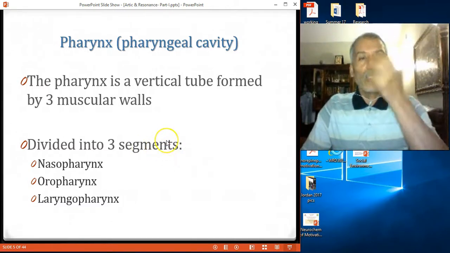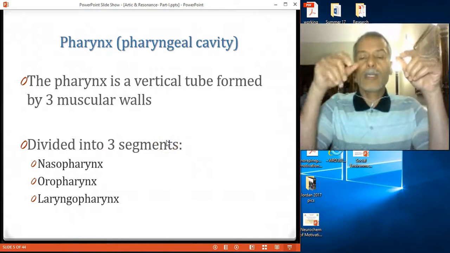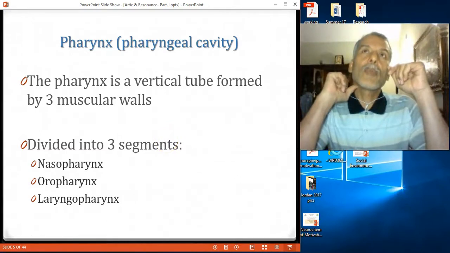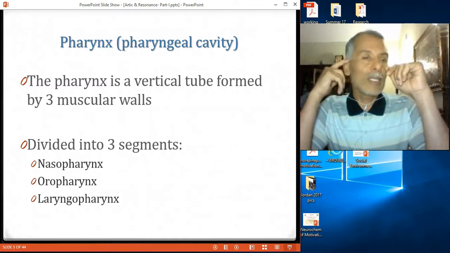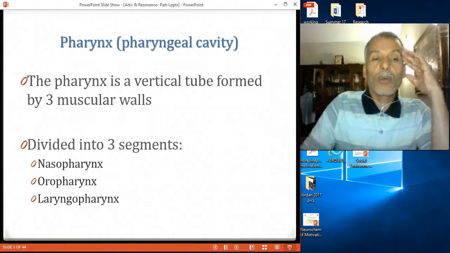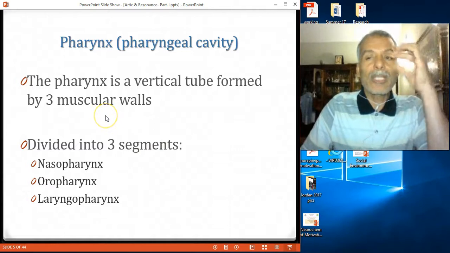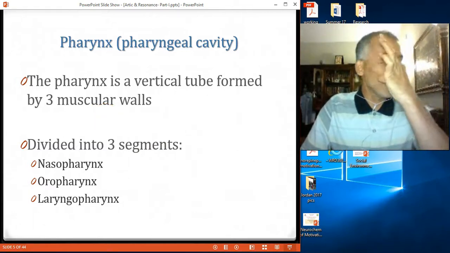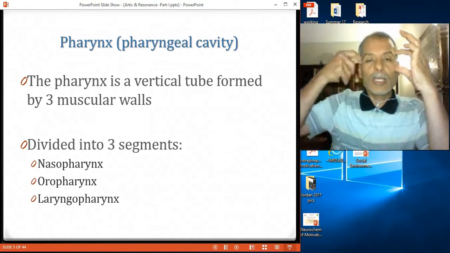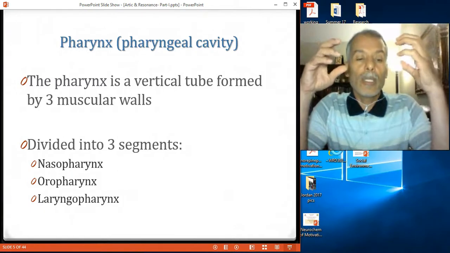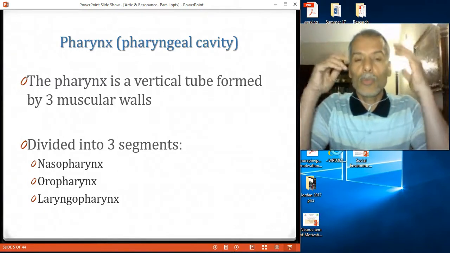So the pharynx is a vertical tube that extends from right above the vocal folds, goes up to the posterior end of the nasal cavity. So that vertical tube is connected to the oral cavity, which is one tube by itself, and then the nasal cavity. So these 3 tubes together give the vocal tract the ability to be a broadly tuned resonator.